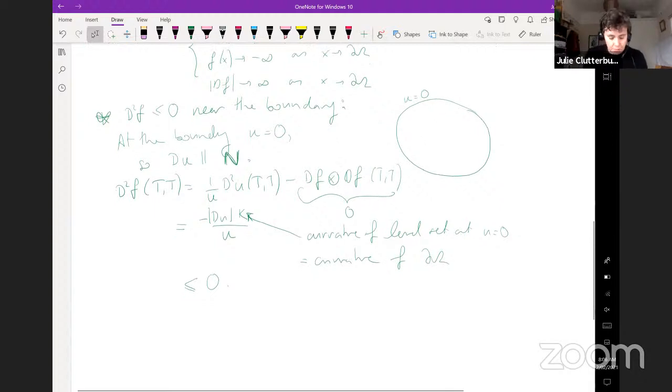Okay, and we should also check out what the Hessian is doing in the normal directions.